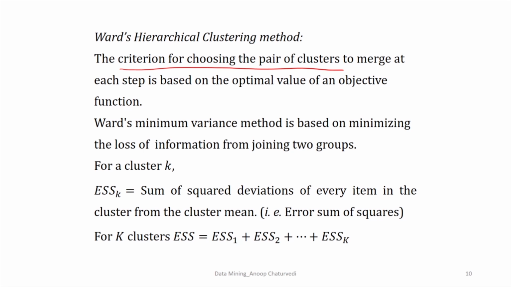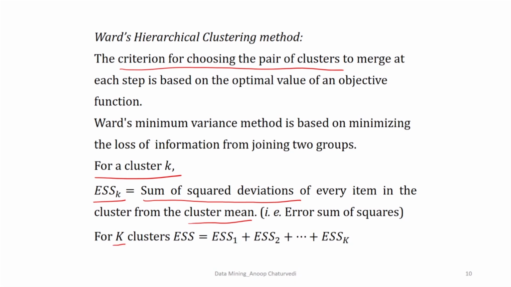Now, suppose for a cluster K, ESS_K is equal to sum of square deviations of every item in the cluster from the cluster mean. So, it is actually the error sum of squares.